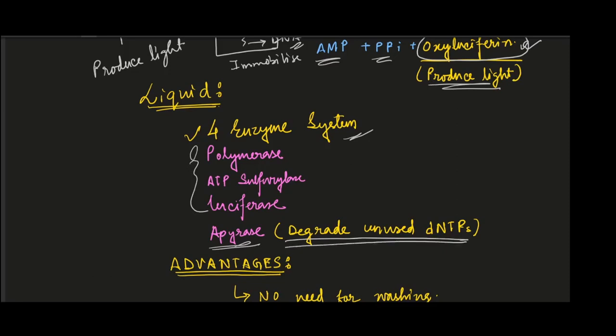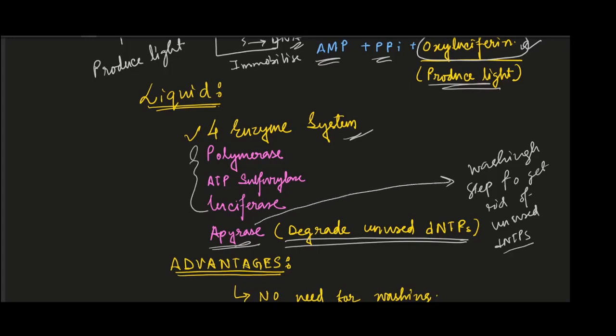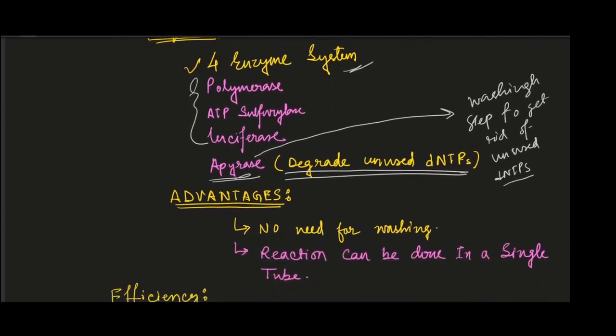Now in solid pyrosequencing we use a washing step to get rid of unused dNTPs. In liquid pyrosequencing we use apyrase to do the same. So in liquid pyrosequencing we have some advantages: there is no need for washing, and we run the whole reaction in a single tube.